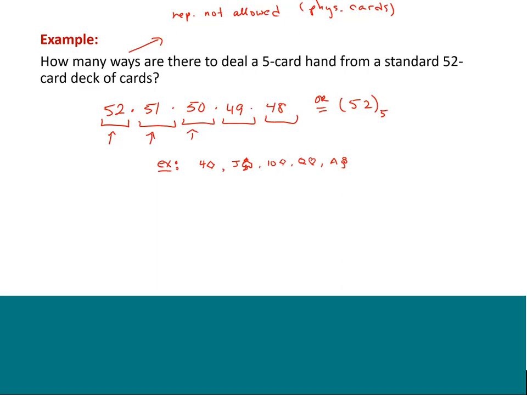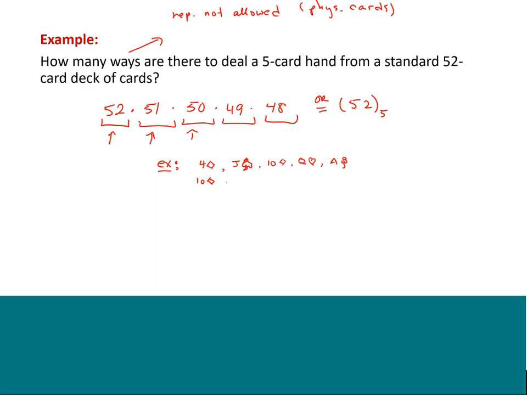Once you're given the cards, it doesn't matter the order in which you're given the cards. The only thing that matters is which cards you have in your hand. Once those 5 cards were given to you, it doesn't matter if they were given to you the 4 of diamonds first or the 10 of diamonds first. What matters is you have these 5 cards. Now, what we just counted with the falling factorial would count these 5 cards in that order to be a different hand than what I'm about to write.